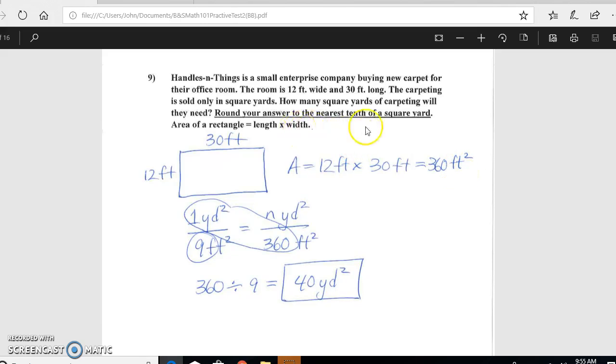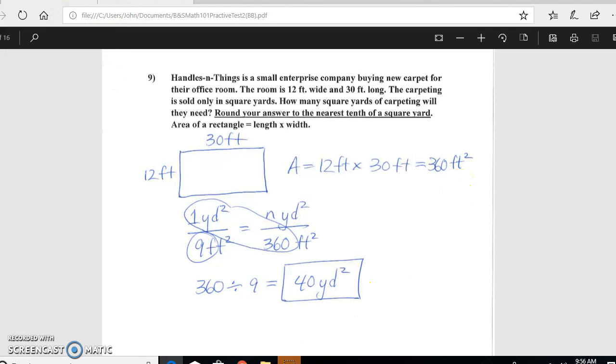And we're told that the carpeting is sold only in square yards. So what we have to do is convert the square feet now to square yards. And we are dealing with 2 US units of measure. We want to find a formula that will convert square feet to square yards.